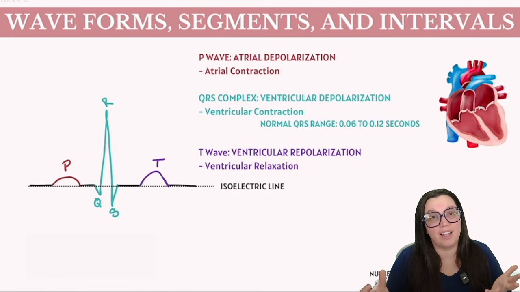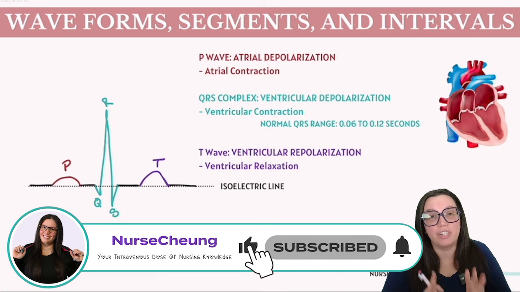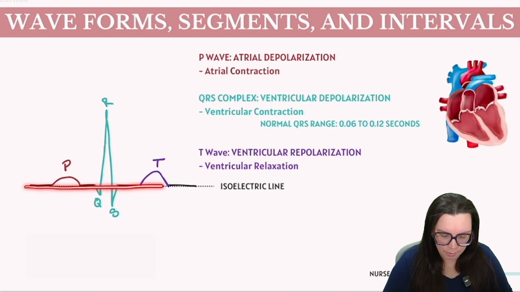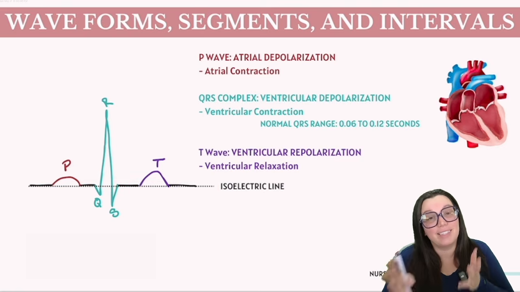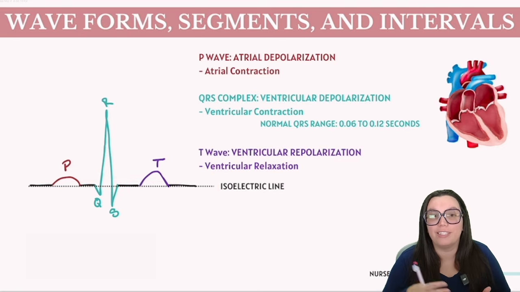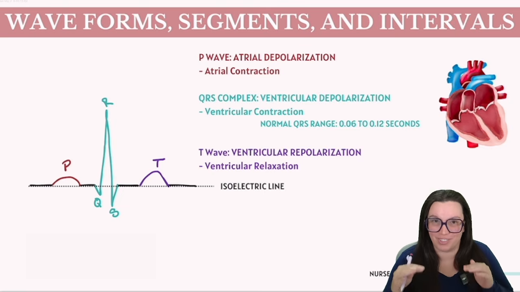So we're going to start by talking about the distinct segments you're going to see on an electrocardiogram. We're going to start with our isoelectric line, which is this black line that runs through our ECG. This line acts as a critical baseline, representing the moment when the heart's electrical activity shows no net movement, effectively a zero electrical potential state.